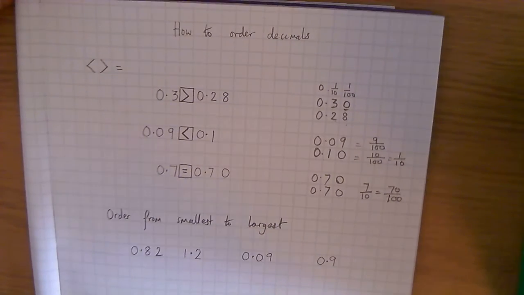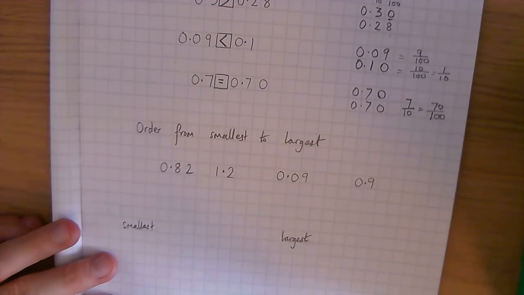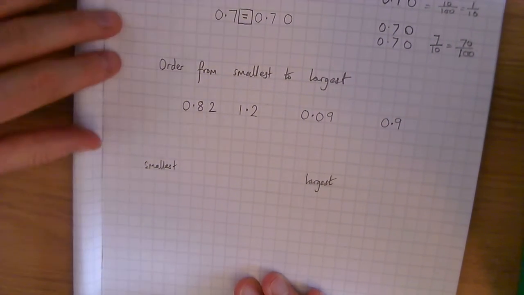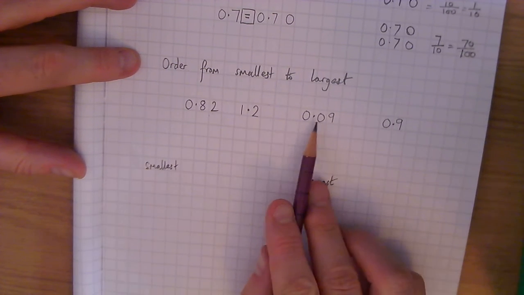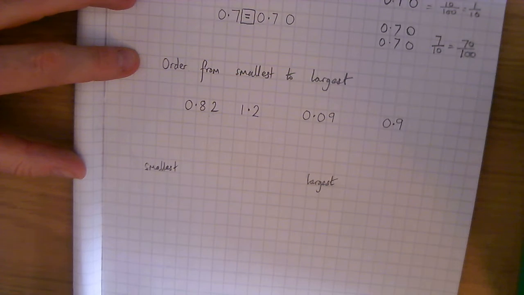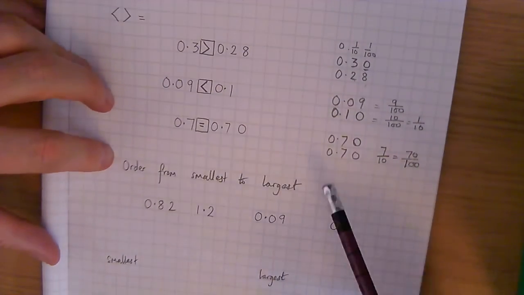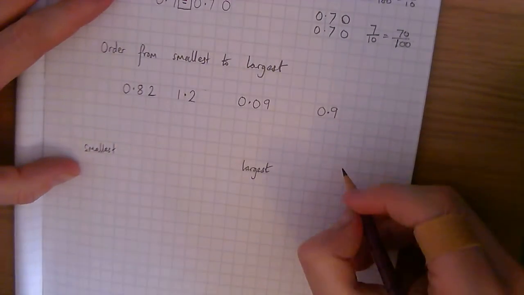So let's go on to look at a question that involves more than 2 decimals. Order from smallest to largest: 0.82, 1.2, 0.09 and 0.9. First thing we need to do is write these out in a column like we did here, lining up the decimal point, lining up the digits, and if we do that, it's going to make it much easier.